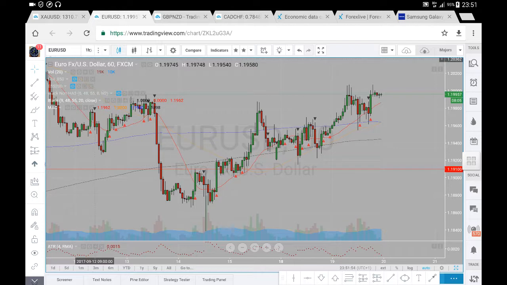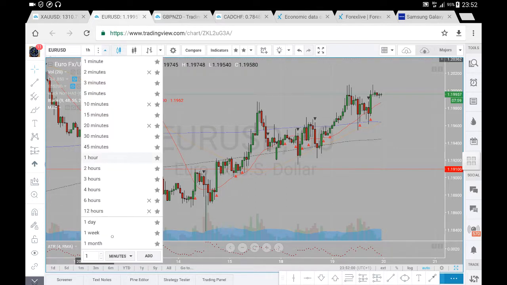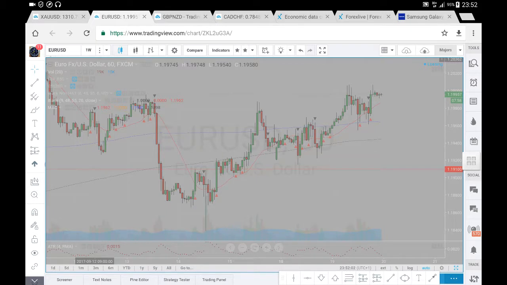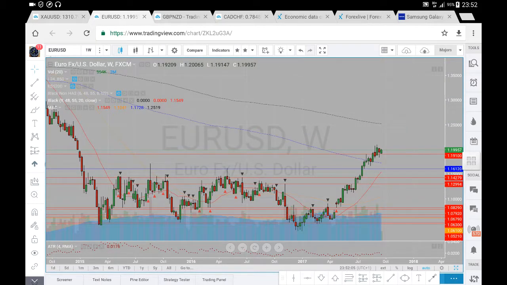Now, I have maintained a long bullish bias on the euro dollar, so let's just see where we are likely to go. Now, on a weekly time frame, firstly, we do expect it to go all the way to the high of last week, which was 2029.